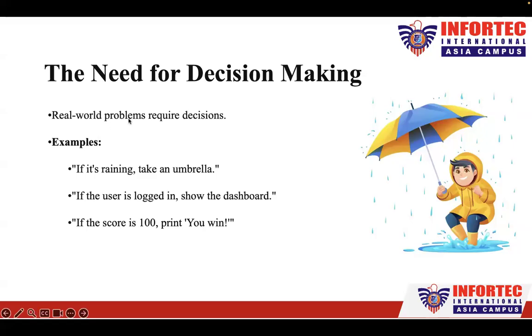So let's try to understand this with a real world problem. So let's take the first thing. If it is raining, take an umbrella. So you take an umbrella only if it is raining.